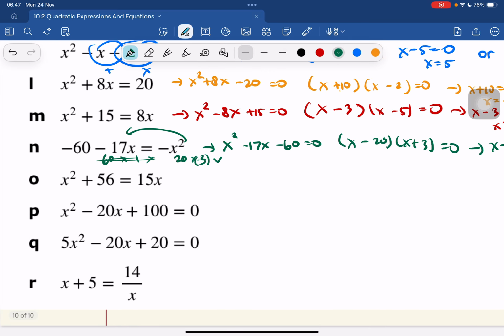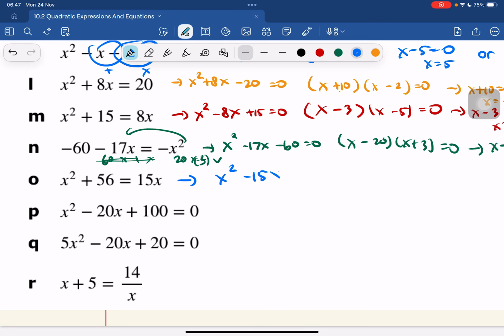Remember, we make it equal to 0. So it's going to be x squared minus 15x plus 56 equal to 0.